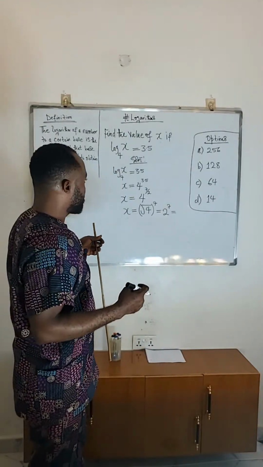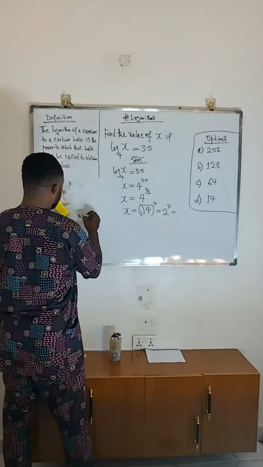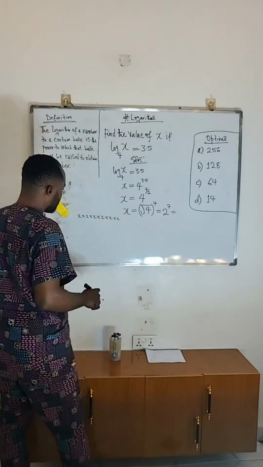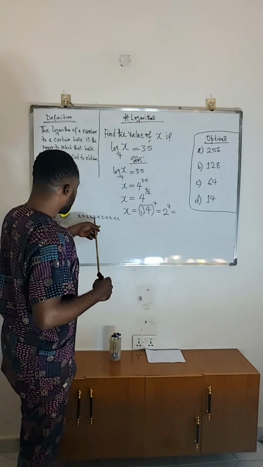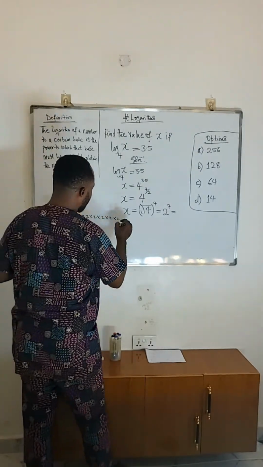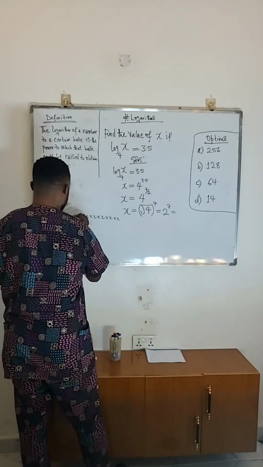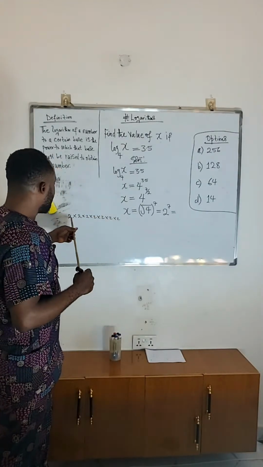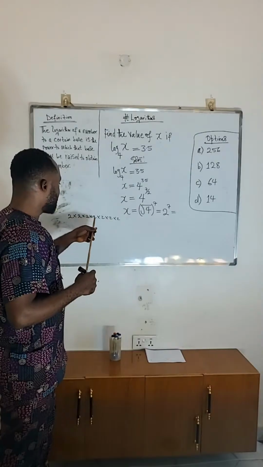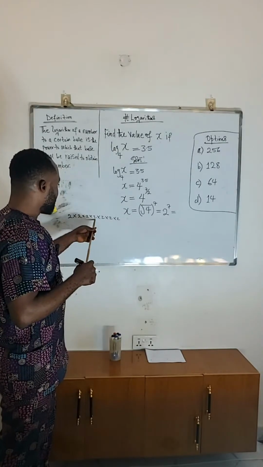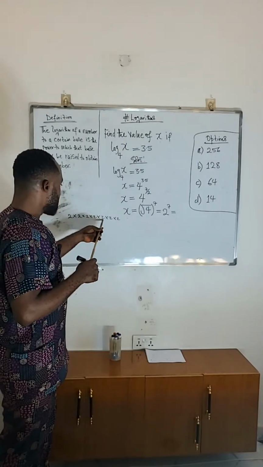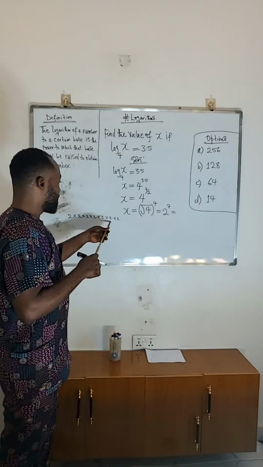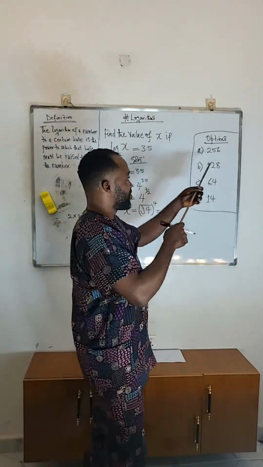If you have your calculator, you can begin to punch. 2 times 2 times 2 times 2 times 2 times 2 times 2, that is 7 twos. 2 times 2, 4. 4 times 2, 8. 8 times 2, 16. 16 times 2, 32. 32 times 2, 64. 64 times 2, 128.